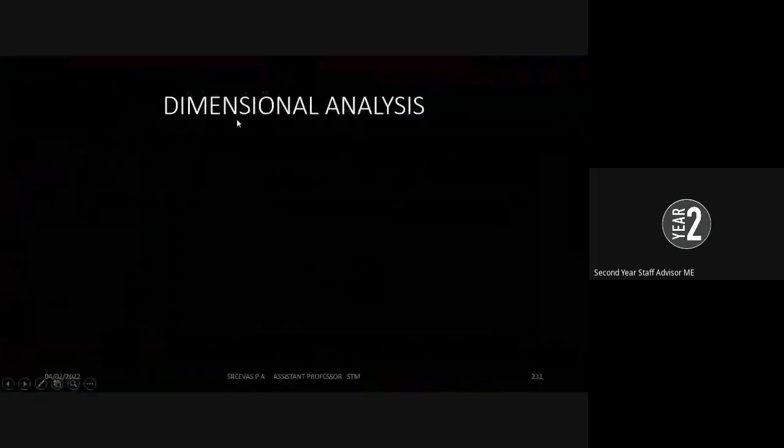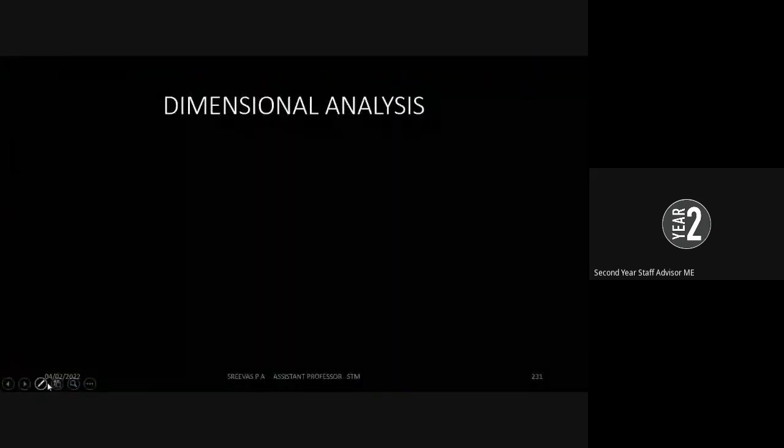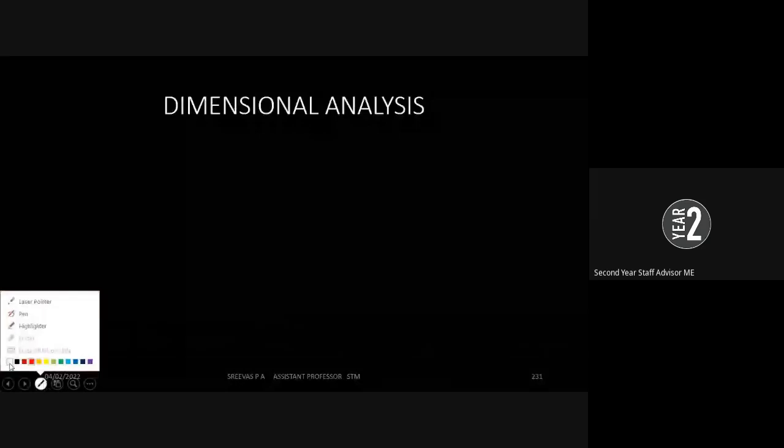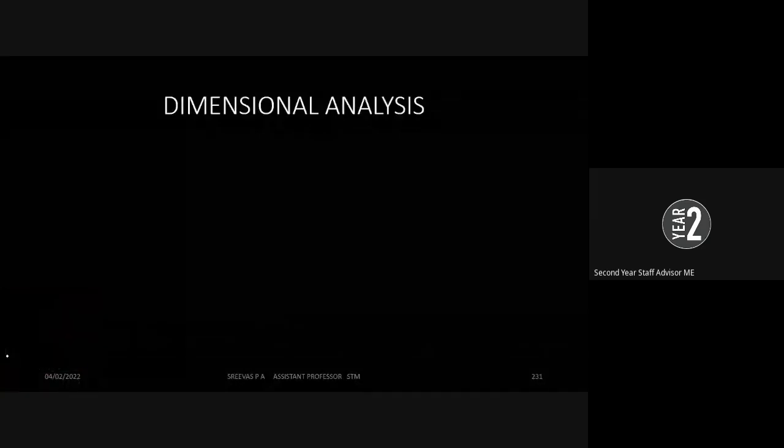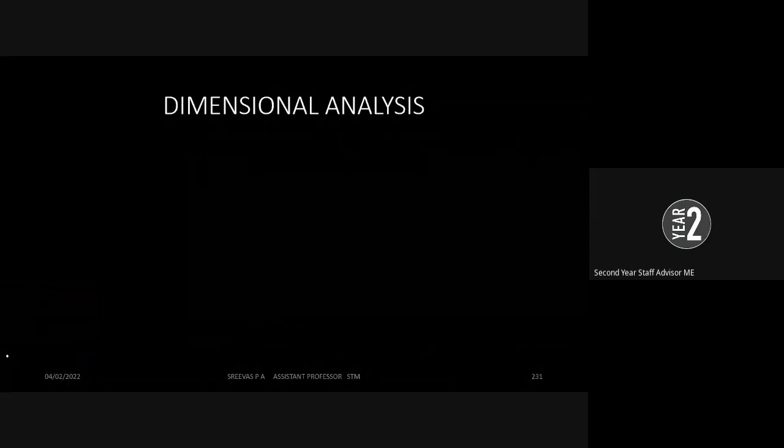So we were discussing the last module, that is the fifth module, and we have completed the boundary layer theory. And from today onwards, we will move to the second part of the fifth module, that is dimensional analysis.